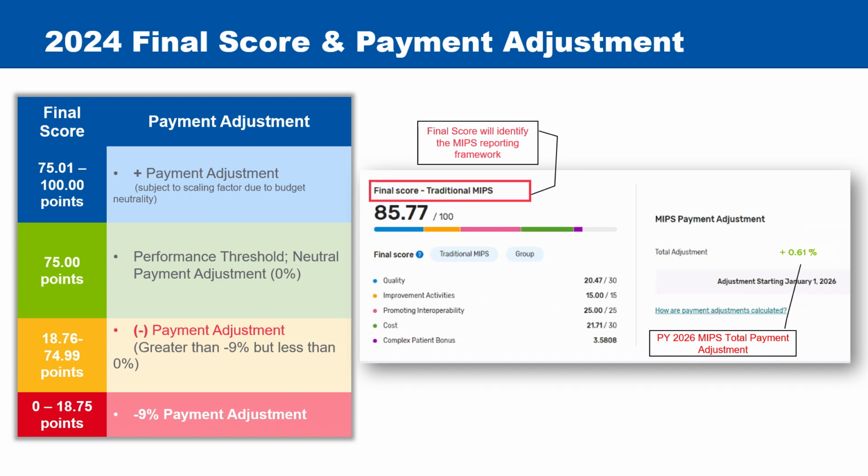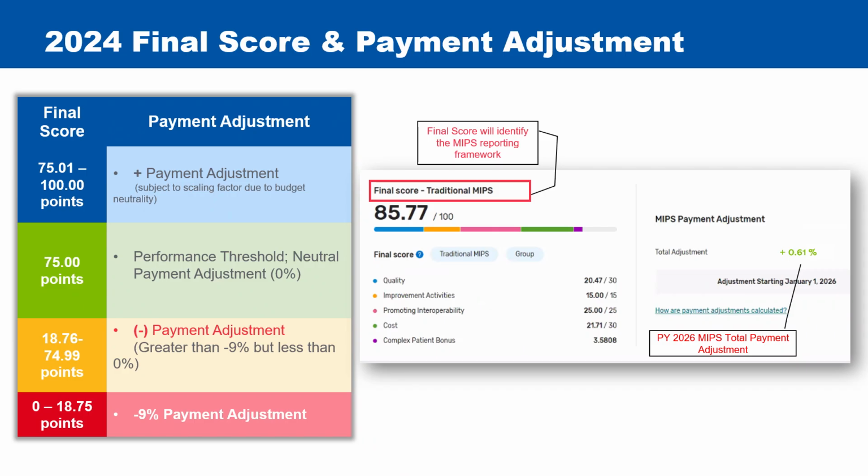For instance, if you score 73 points, you will face a smaller negative adjustment compared to someone who scored 20 points. The amount of your loss depends on where your score falls within that range. Those scoring 18.75 points or below will face the full 9% negative adjustment.